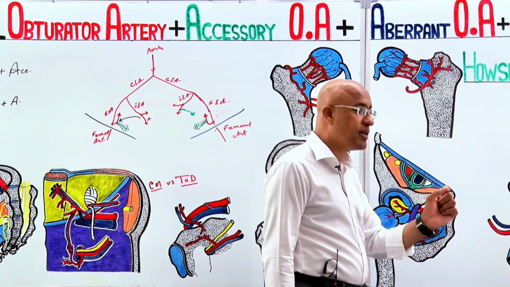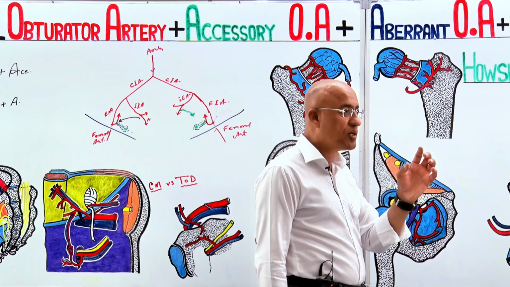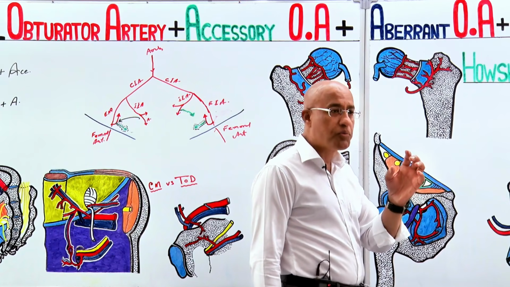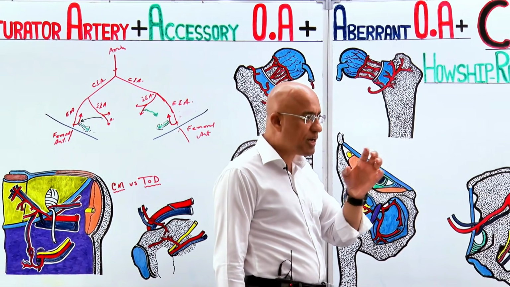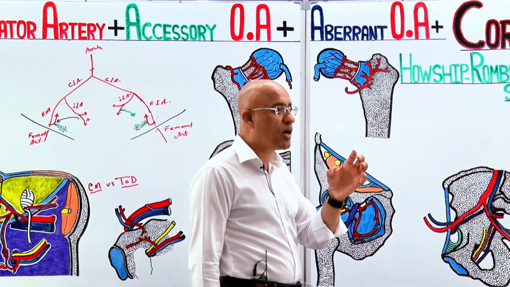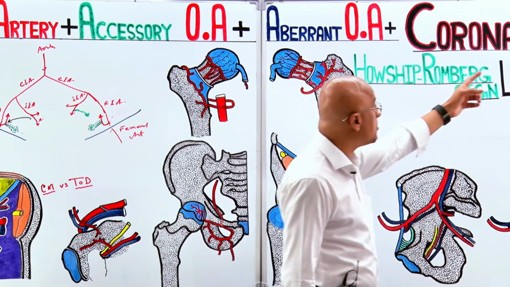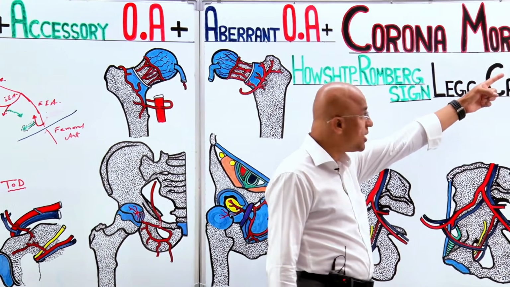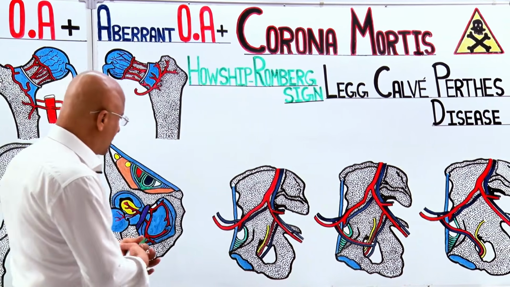That is why this anastomosis, behind and above the superior ramus of the pubis, is called the crown of death, corona mortis. Corona mortis.